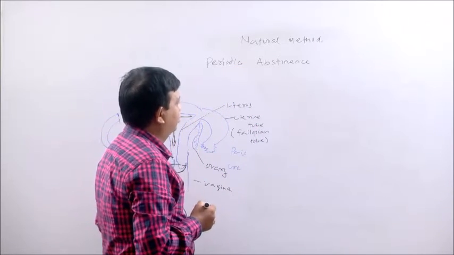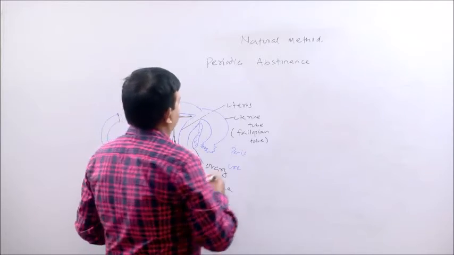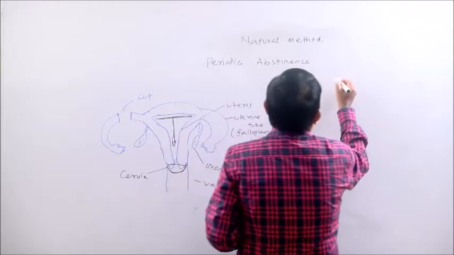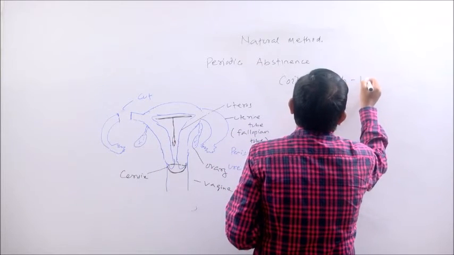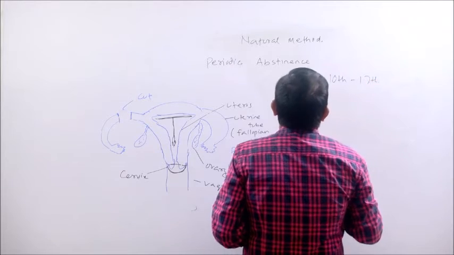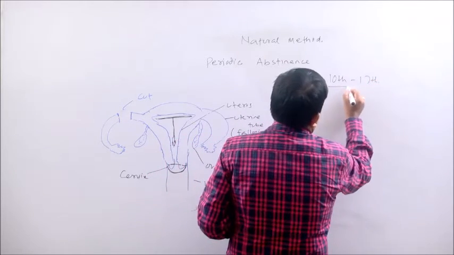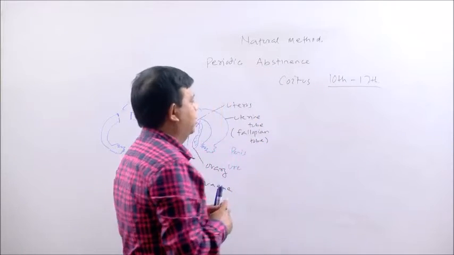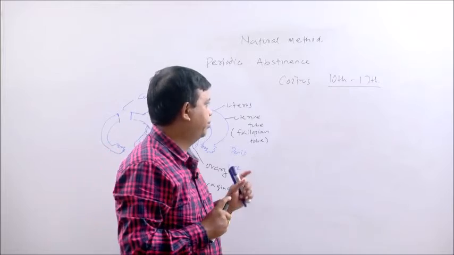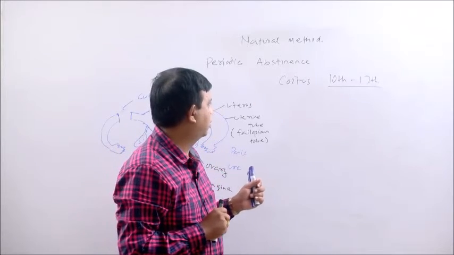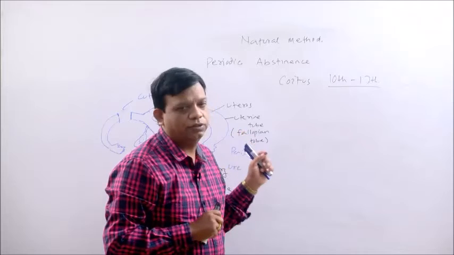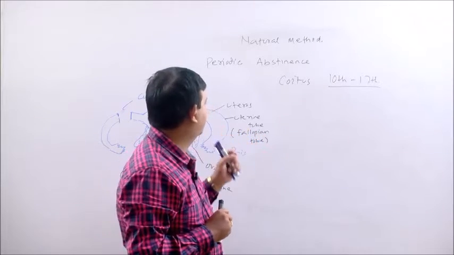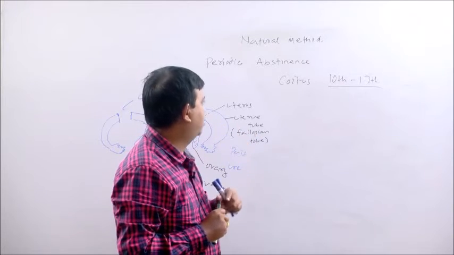In this method, coitus is avoided during the period from the 10th day up to the 17th day of the menstrual cycle. The male and female partner will not have sexual contact. That is called periodic abstinence.